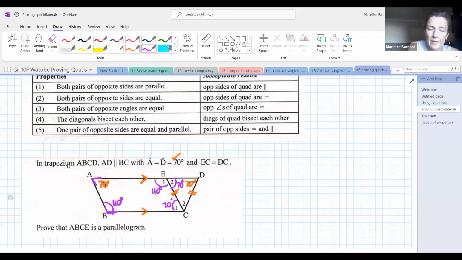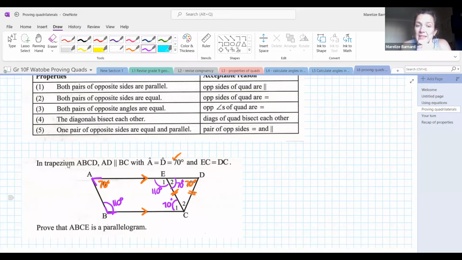Okay, thank you. So Julie says, ma'am, would it be correct if I said E1 is equal to C1 because of alternate angles? Yes, perfect. Okay, Tabiso, one more question. Why is E2 70?